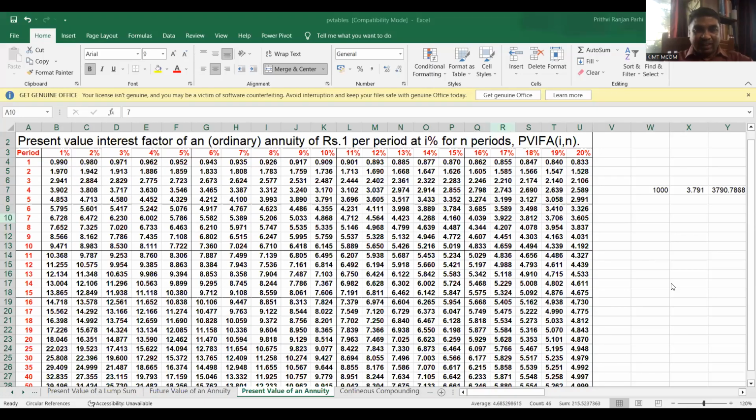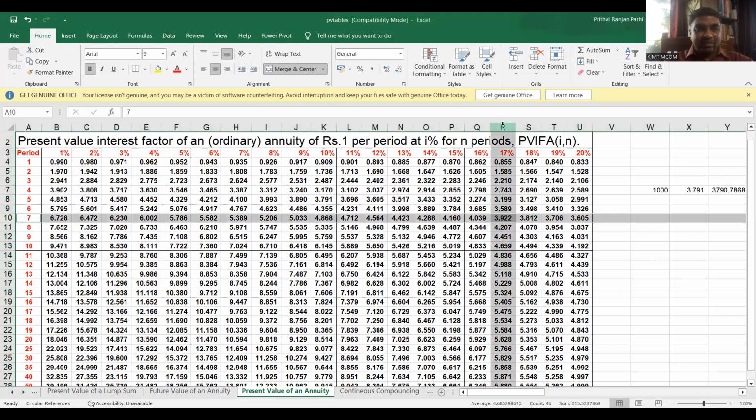Yeah, I was telling you that you have to refer to the present value factor table. You see, this is the present value table of an annuity. If you take 17% at 7 years, the factor is 3.922. So this is one factor. For the single sum factor, I have to refer to a different table.